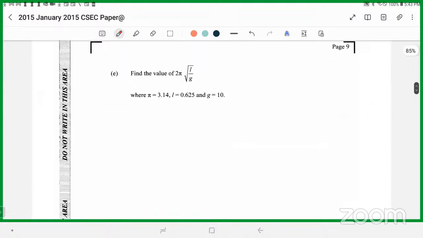This one says find the value of 2 pi square root of L over G given these values. So it's almost another calculator question, listen up.